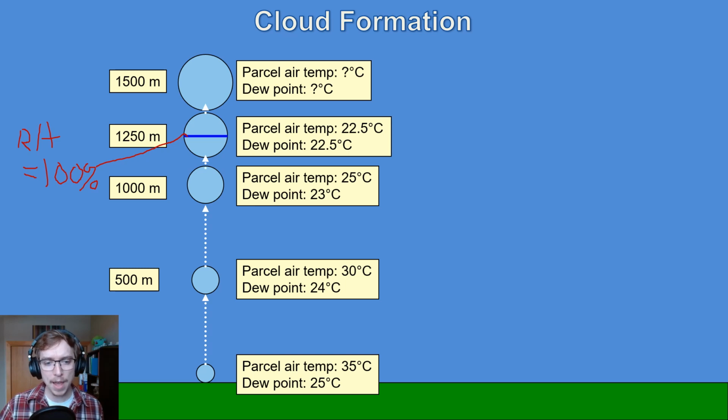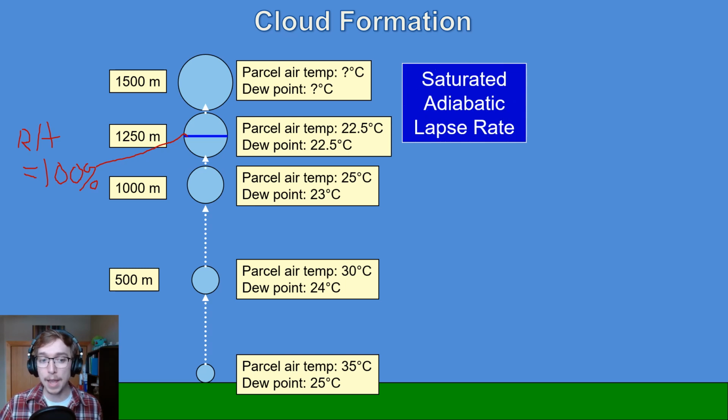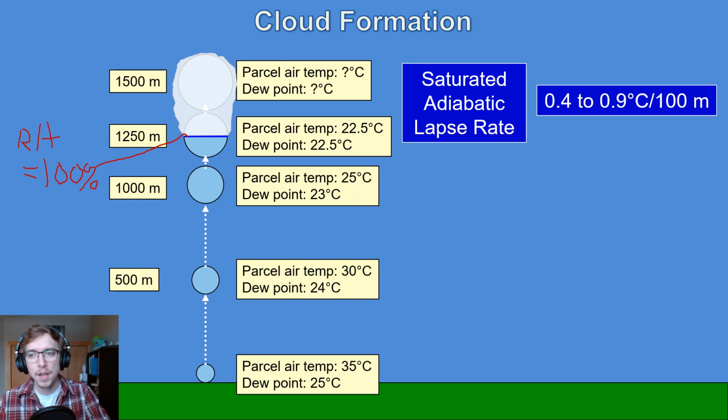Well, for that, we use our saturated adiabatic lapse rate, or SALR, because this is all still within the cloud cover here. So we're still at 100% saturation, right? Well, this is not as cut and dry, because this rate is variable.